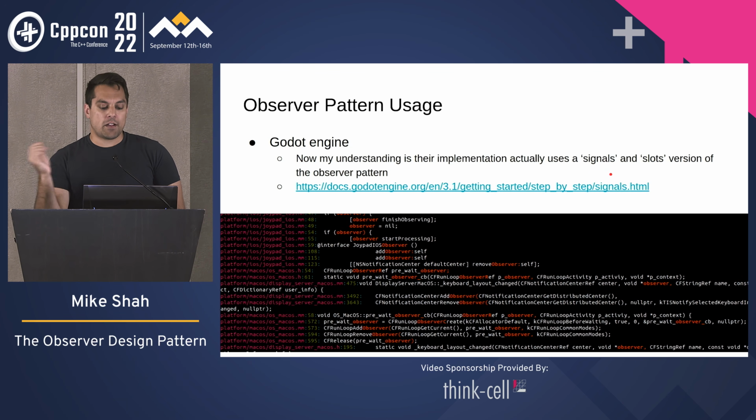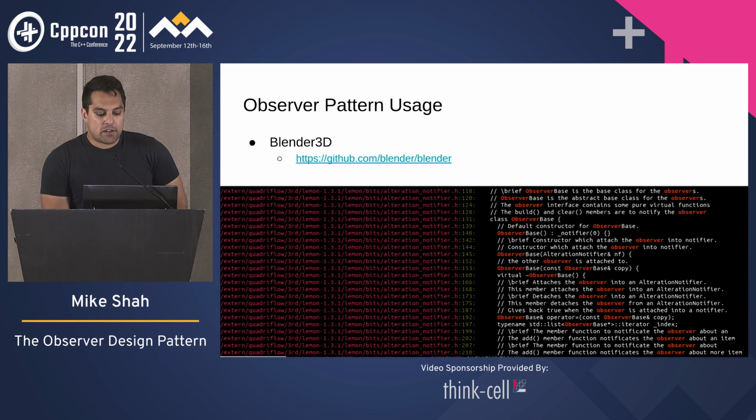This sort of pattern is just another way to have things, and by things I mean objects or functors, listening to their subjects. Okay, so an example there. Blender 3D, another big open source application, has lots of different observer sort of base cases. I think theirs is a little bit closer to what I've shown.